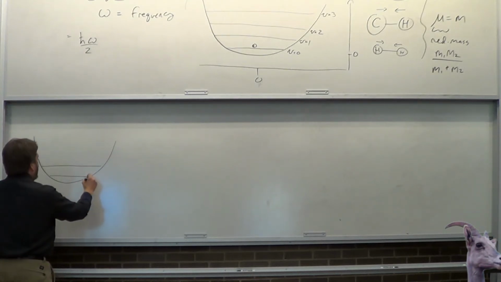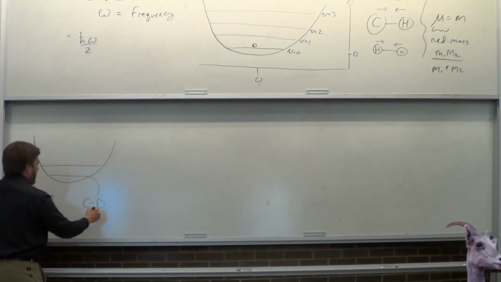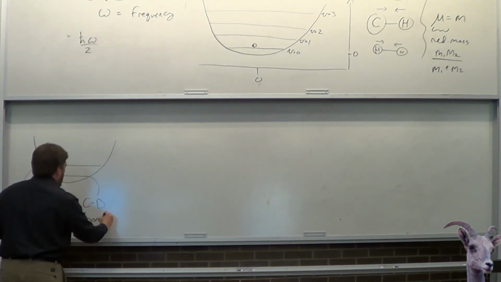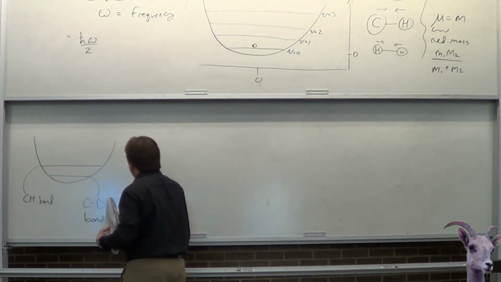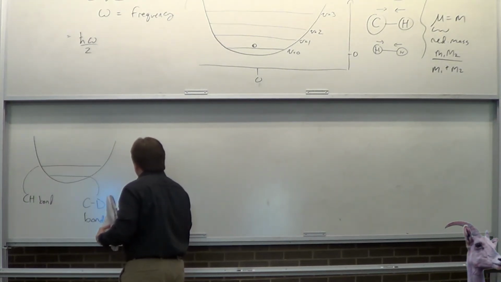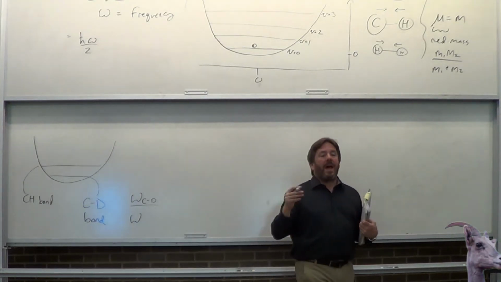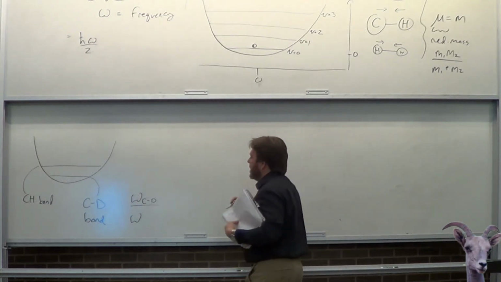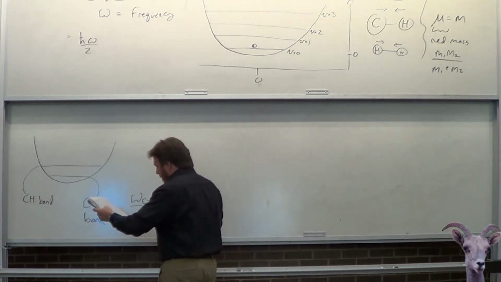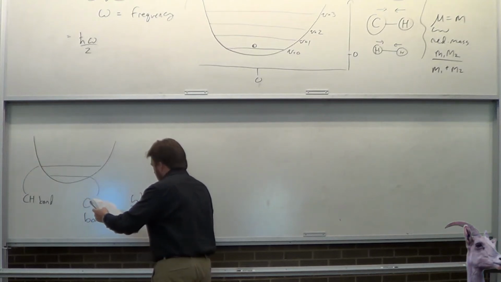But if you had a deuterated bond, what you would have is a different frequency because the mass is heavier. So it turns out that the reduced mass, when you go from hydrogen to deuterium, changes a lot.